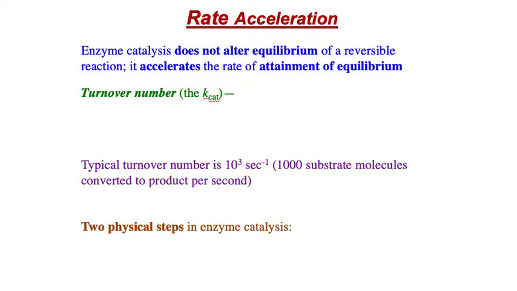So the substrate gets converted to the product while it's bound to the enzyme. And so we consider there are two physical interactions, basically the substrate binding and then the converted product being released.